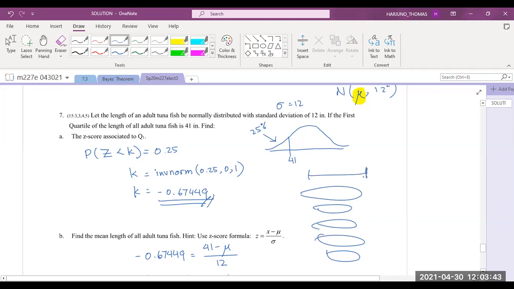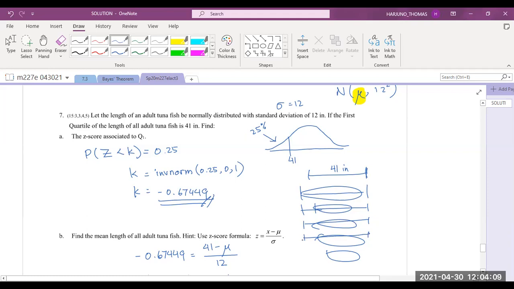Let's say that stick is 41 inches. You found out that 1/4 of them are less than 41 inches. 1/4 of all tunas that you measure is less than 41 inches.